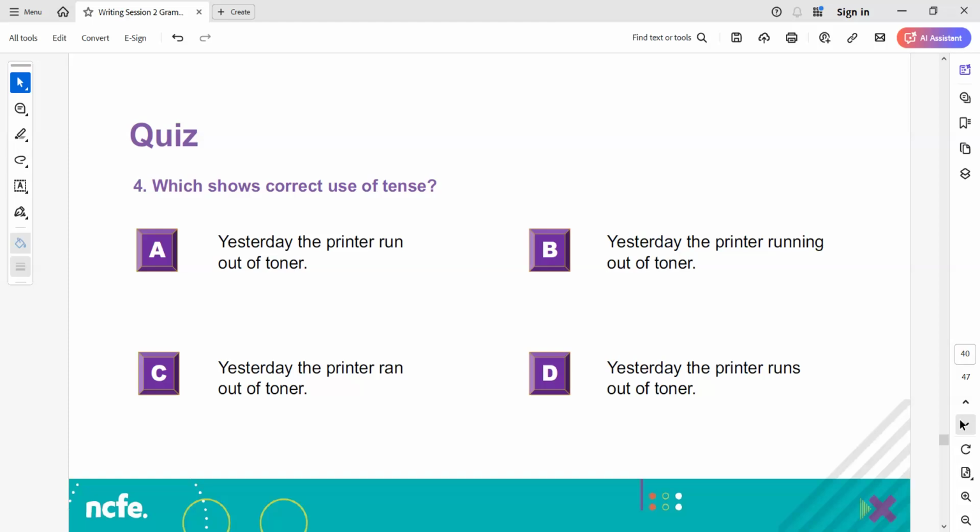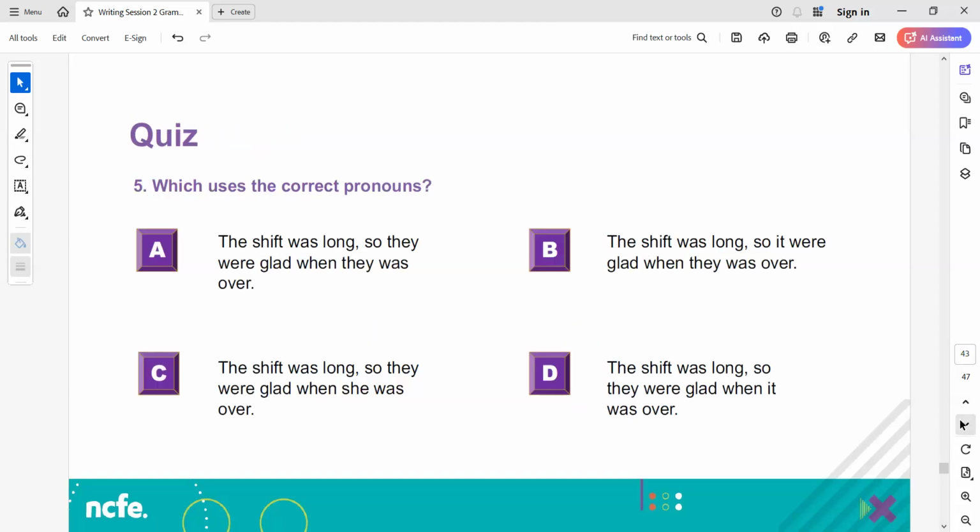C. C, well done. Yesterday the printer ran out of toner. And again, which uses the correct pronouns? D. D, well done.